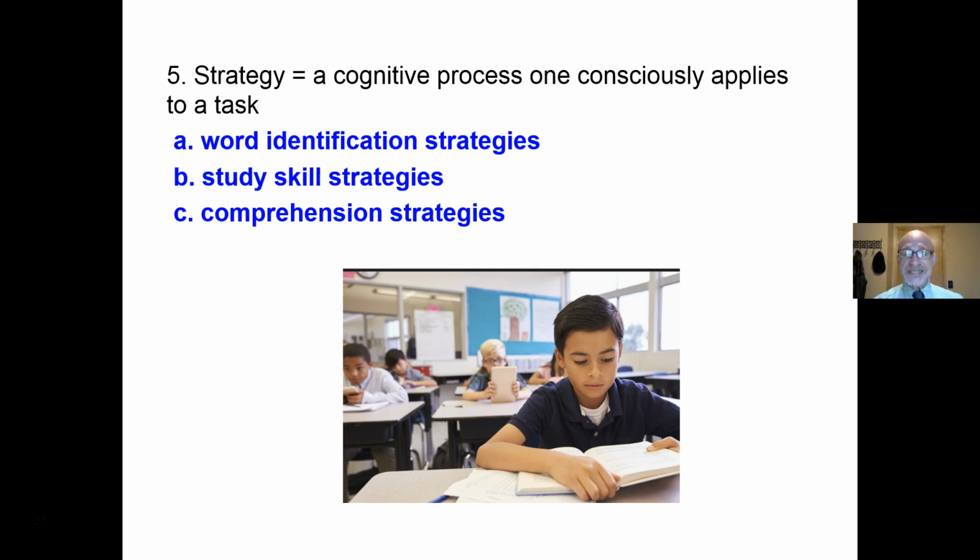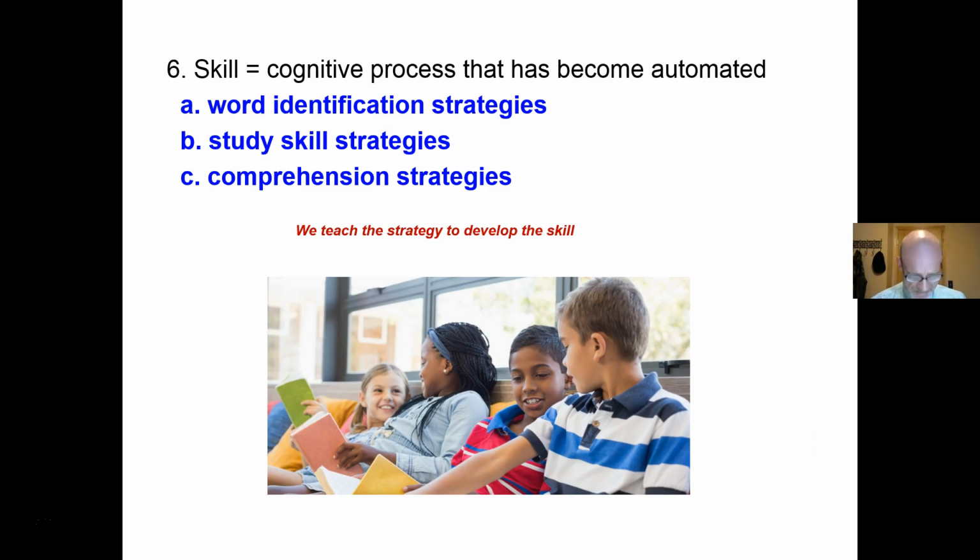A strategy is a cognitive process that one consciously applies to a task. Students should be taught to consciously apply all 4 word identification strategies, study skill strategies, and comprehension strategies. That's different than a skill.